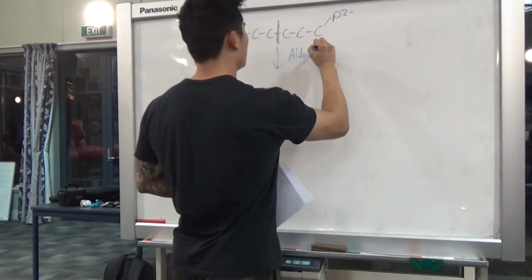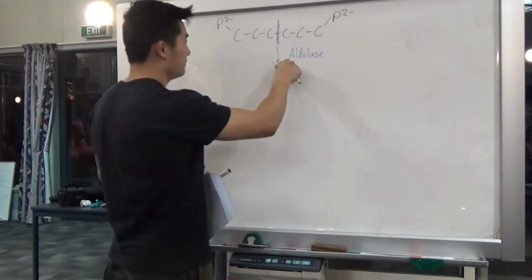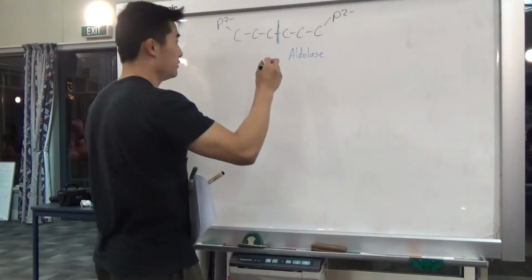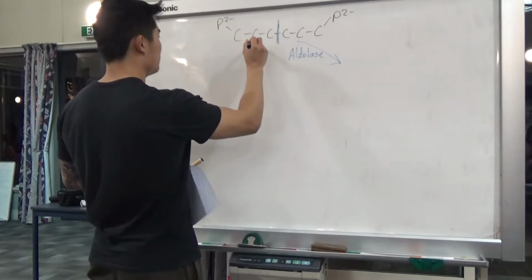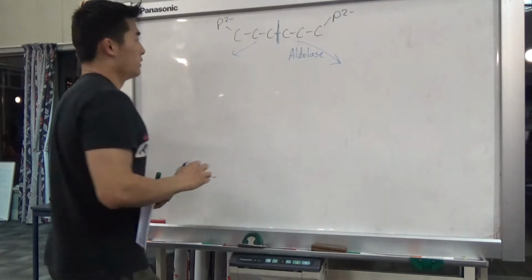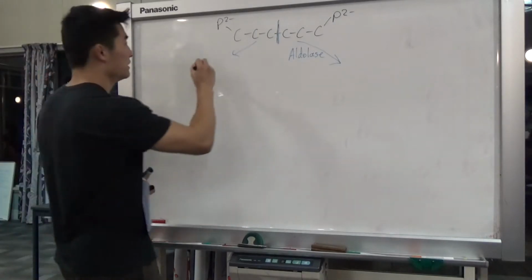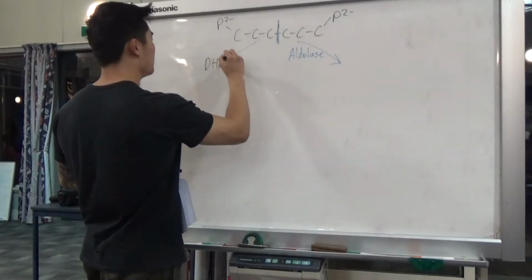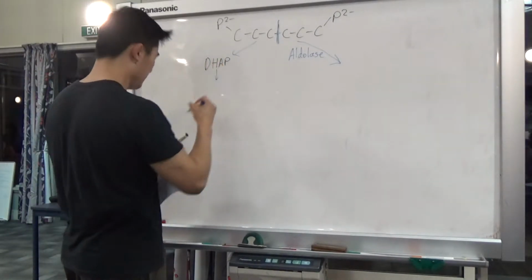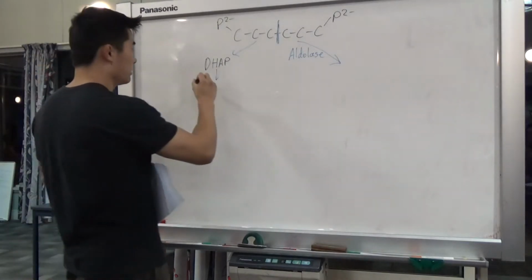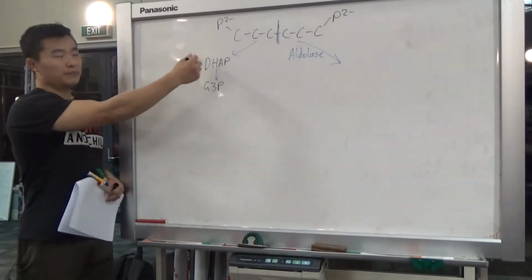So aldolase is going to come in and turn it into 2 molecules. One molecule will be DHAP, and then that will be converted into glyceraldehyde 3-phosphate. So don't really worry too much about this one.